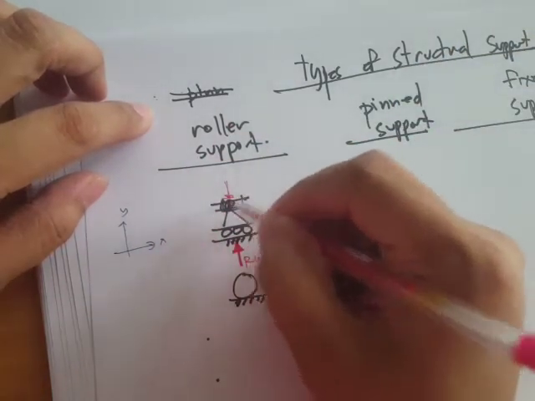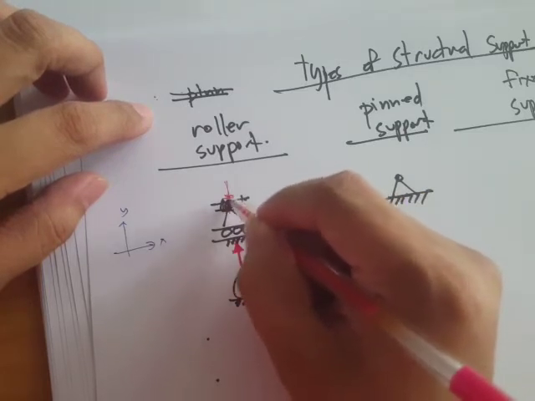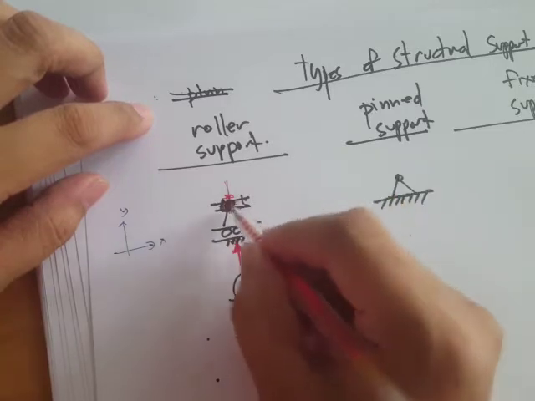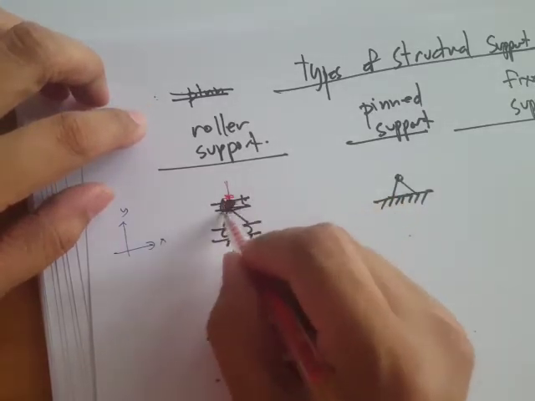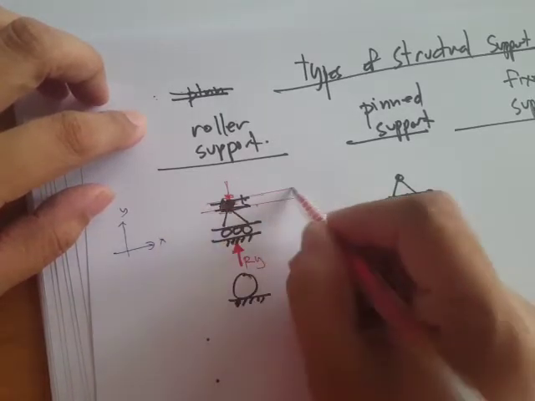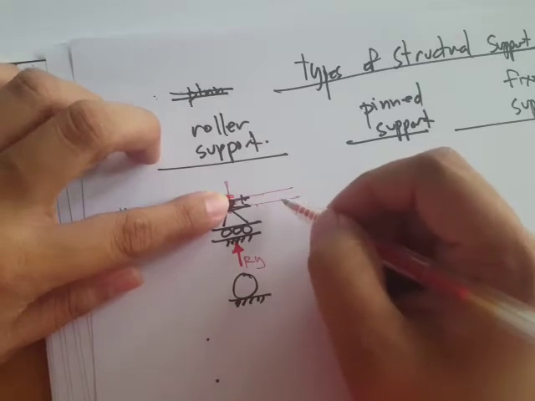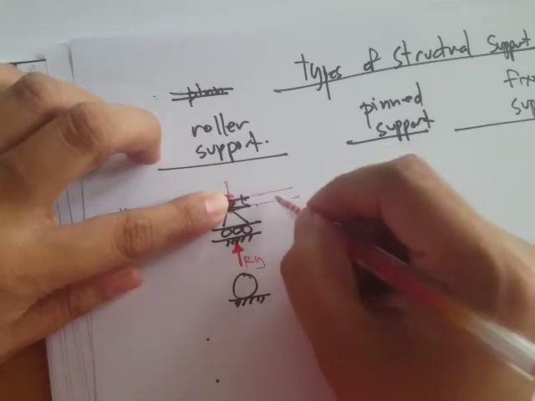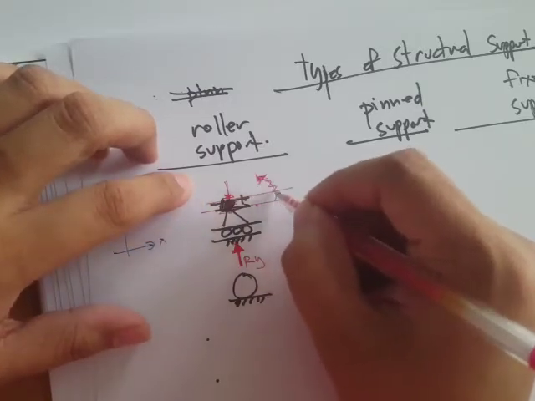Okay, so note that this is actually the point that we consider, because that's the point where the structural member is connected. Okay, so let's say we have a beam here. We don't have a moment reaction, so this beam is free to rotate.